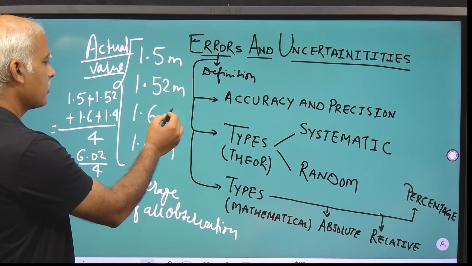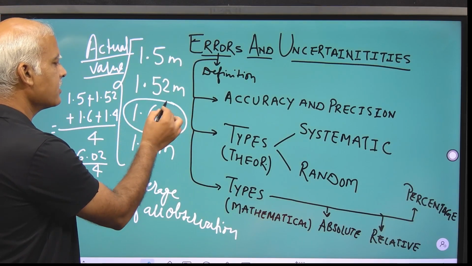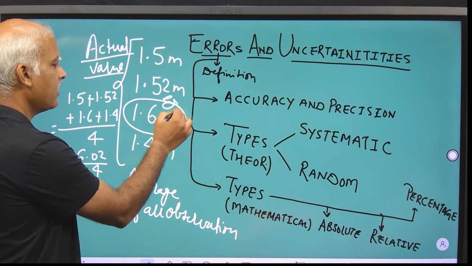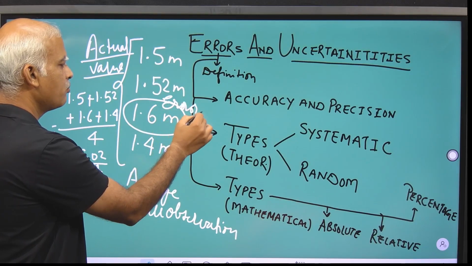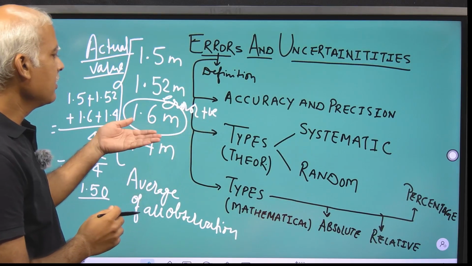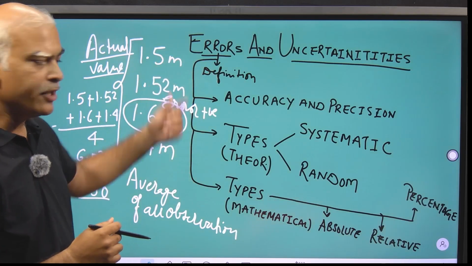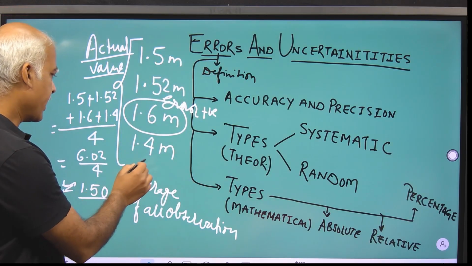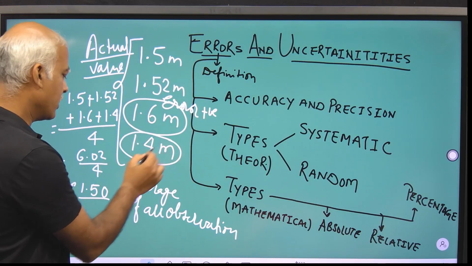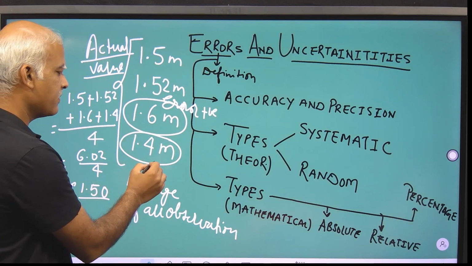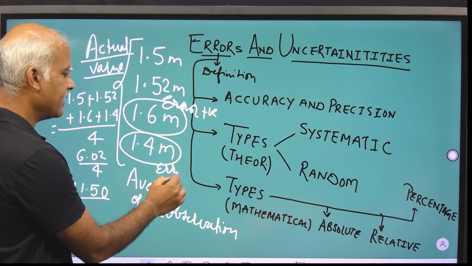Now, a measurement greater than this is a kind of error, and that error is called positive error, because it has a greater value. And an observation less than the actual value is basically your negative error, or you can say there is a negative deviation.